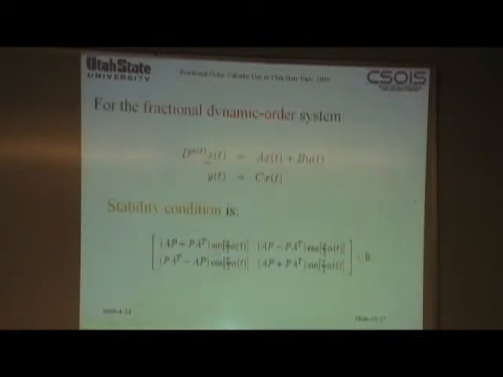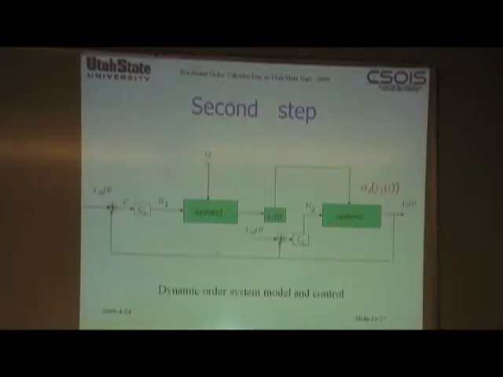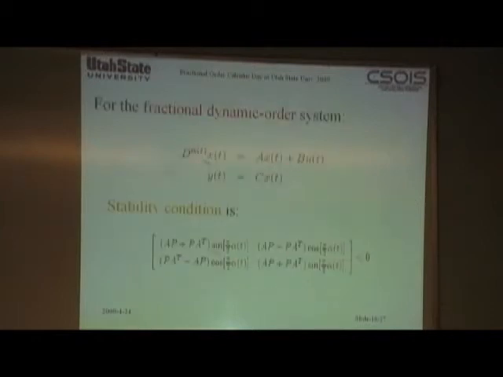Until now, for the fractional dynamic order system, this is system 2, and for system 2 we have some results. The stability condition we have found. This is hers. I'm not convinced. Is this for all t? You need to check this inequality for every t. Is that true? I haven't done the simulation, but just gave this.